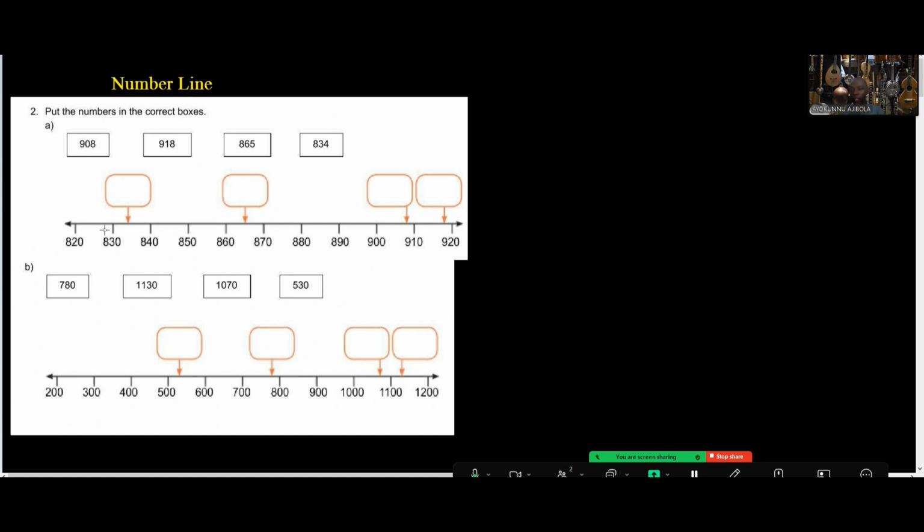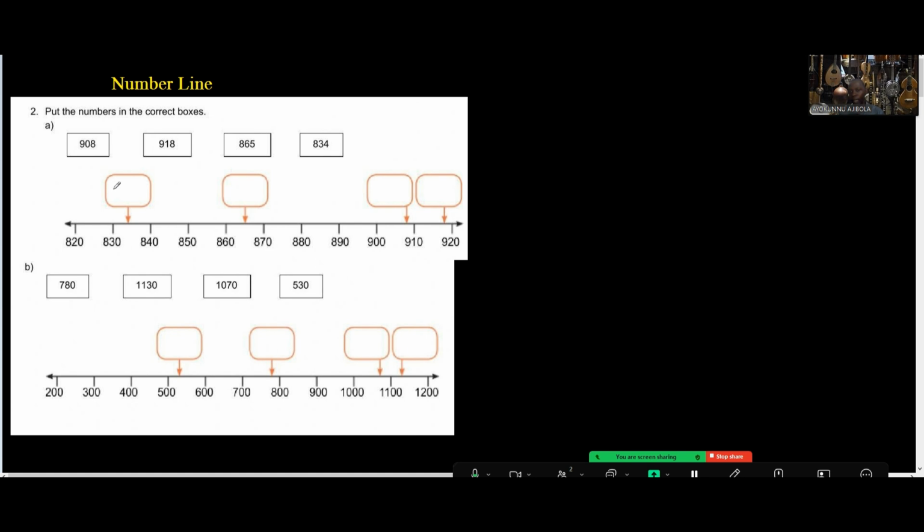We have this line that you can see, and it has some numbers on it. The first number says 820, and the next one says 830. Then we want to fix this 908 somewhere.